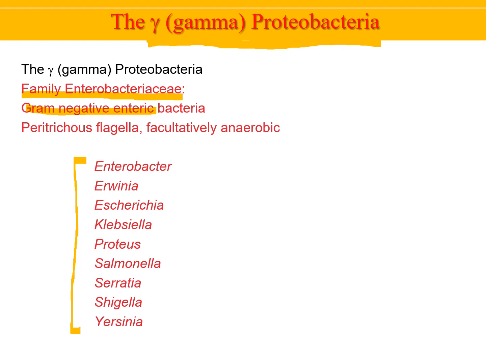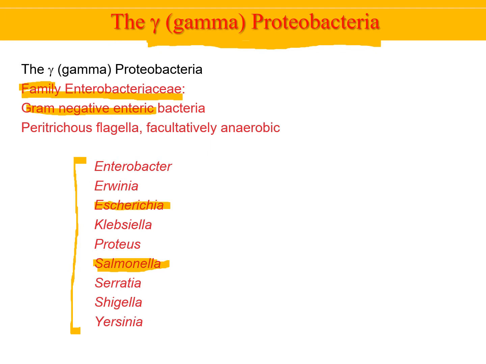I would at least become familiar with some of these, so you can recognize the names, and realize that these are all gram-negative enteric bacteria within the Enterobacteriaceae family. Some of them, like Salmonella, are very commonly known to cause disease. Some members of E. coli, but actually all of them can.